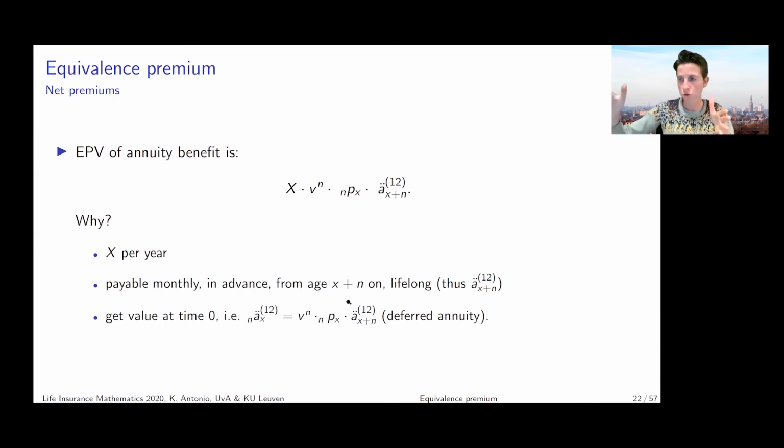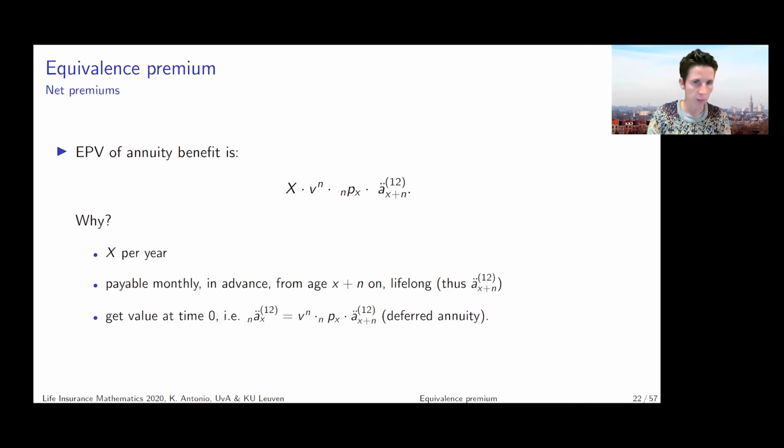So we need to discount from time N to time 0, taking the financial discounting into account and the survivorship. So we need to do actuarial discounting with V to the power N and N P X. And this is what we learned in chapter 5 when we discussed deferred life annuities. So that is in terms of our EPV of the annuity benefits. Agreed?